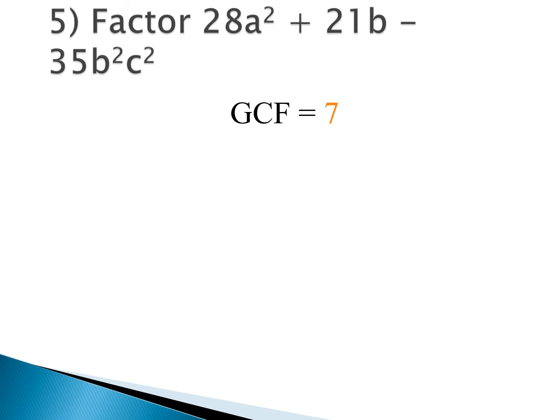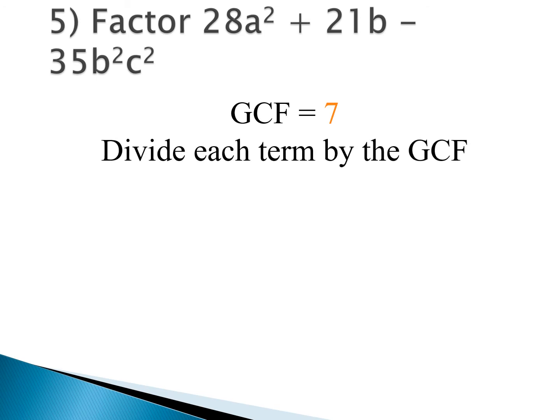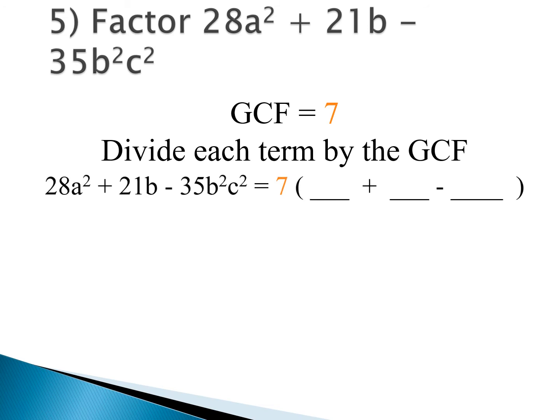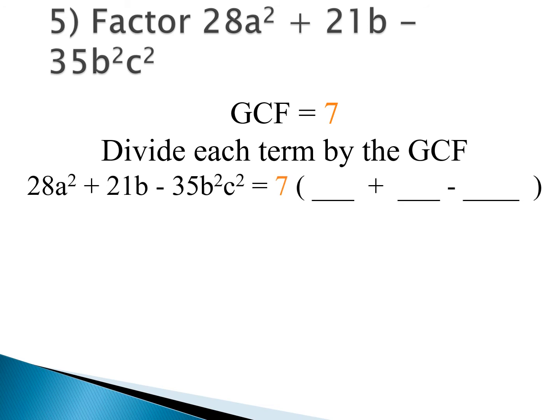There's a number of variables in here, but there isn't a variable that appears in each term that we can factor out. So we're just going to divide each term by that GCF of 7. And when you do that, you get 7 on the outside, 28a squared over 7. The variable's not going to be affected here, and we just have 28 over 7, 4a squared. 21b divided by 7, again, the variable is not affected.